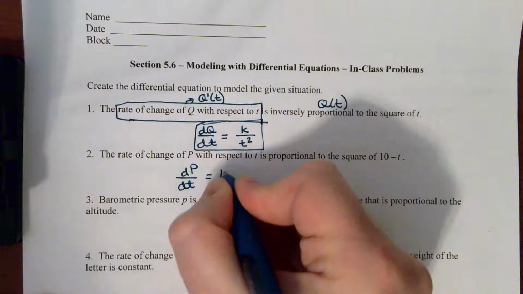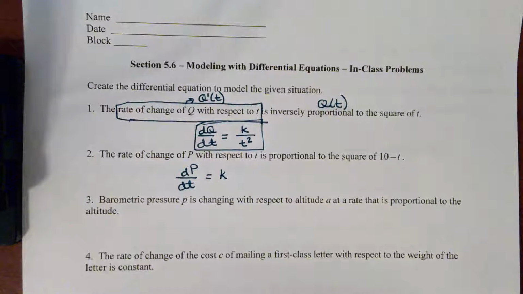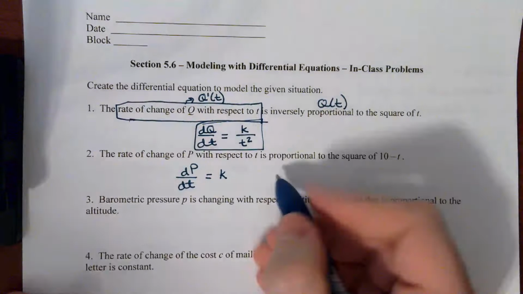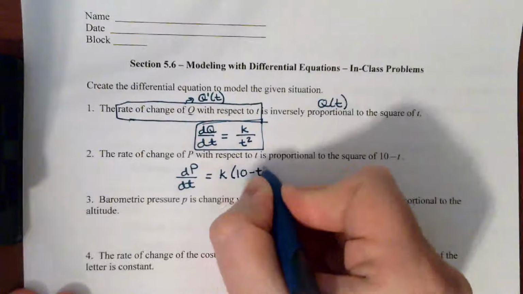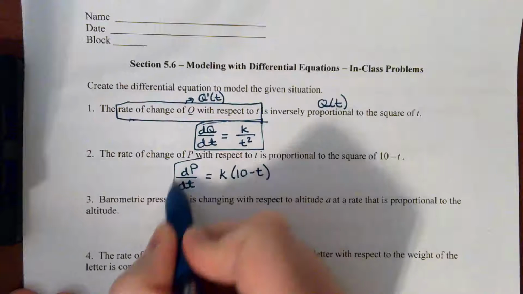You got two options here. Is this going to equal k times 10 minus t or k over 10 minus t? Because it's proportional, that means direct variation, so I'm going to say k times 10 minus t. And there's that differential equation.